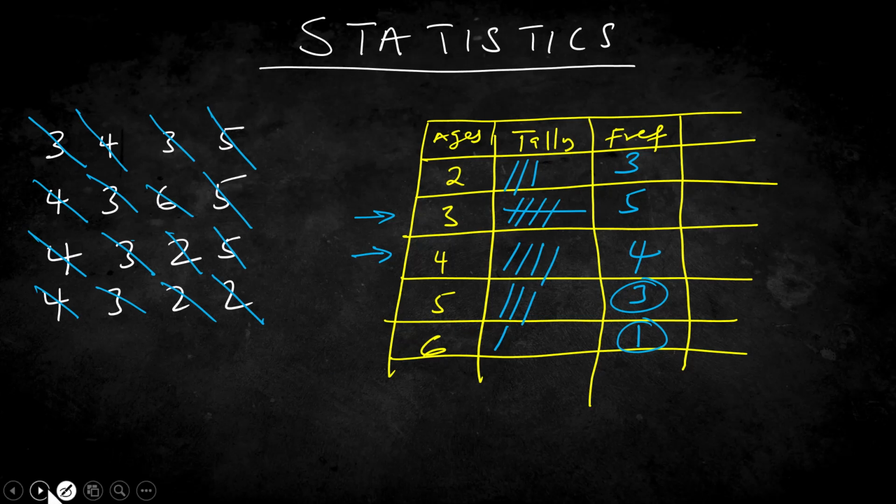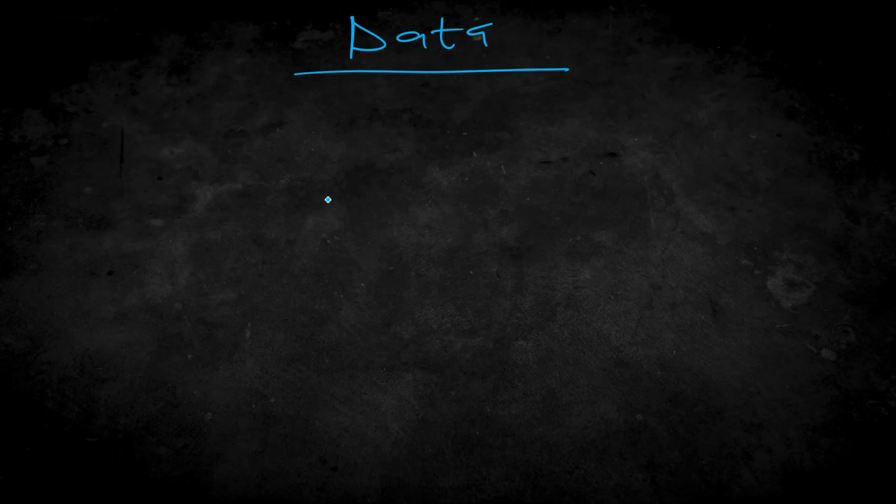Okay, now let's talk about data. It is the numerical facts and figures from which conclusions may be drawn. Now we have 2 types of data. Data can be discrete. When we talk about discrete data, we mean data which does not have values of decimals or fractions.